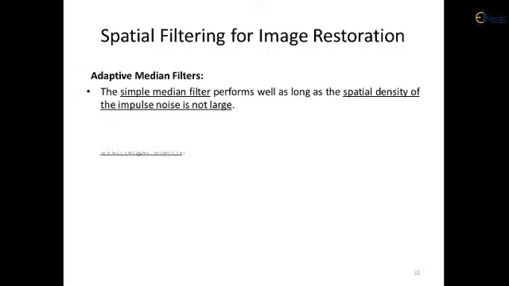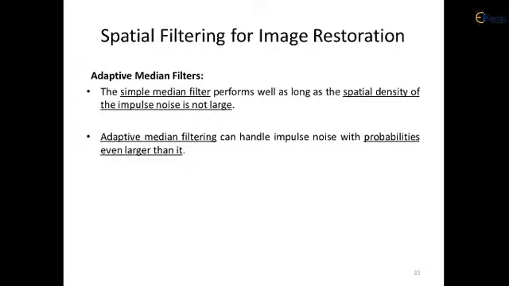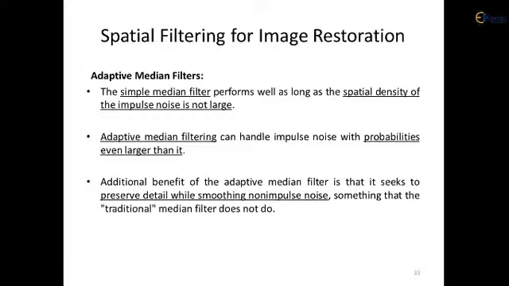The adaptive median filter can handle impulse noise with probabilities even larger than that. The additional benefit of the adaptive as well as the median type is the preservation of details, meaning the information content of the image, while smoothing non-impulse noise, which the traditional median filter does not do.